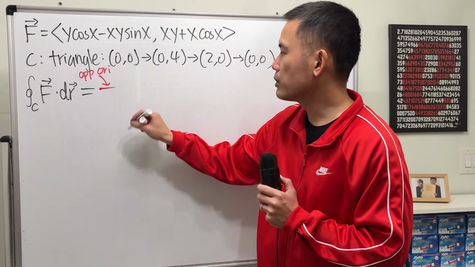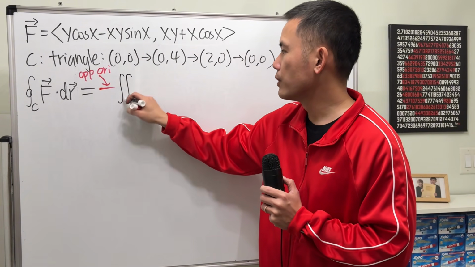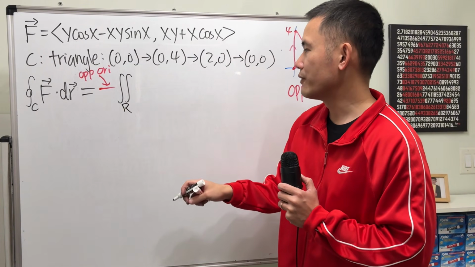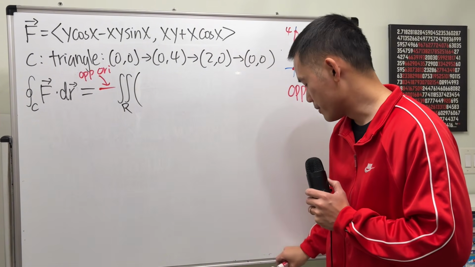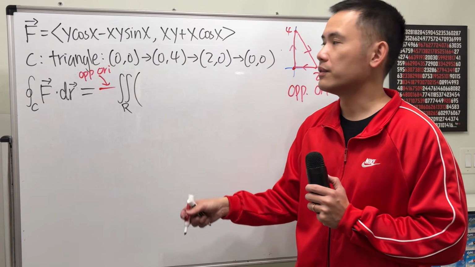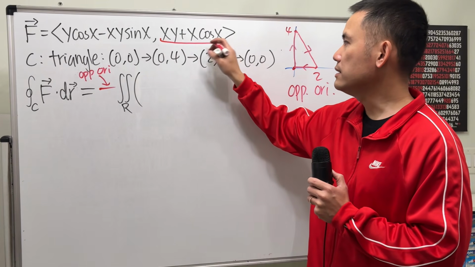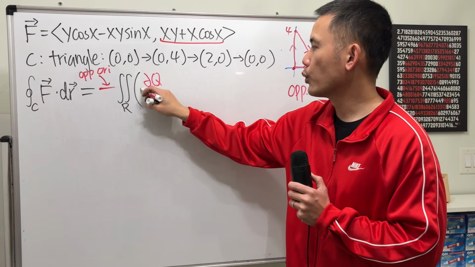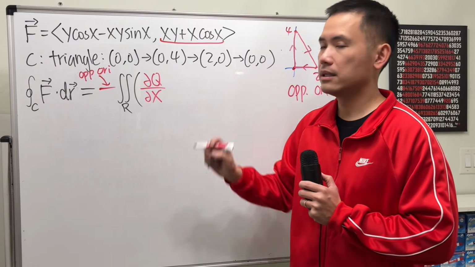Anyways, this right here, by Green's theorem, we can change into a double integral over R. Now we have to remember, inside we do partial derivatives. We look at this part right here first, and this is usually denoted as Q. We are going to take the partial of Q with respect to x.